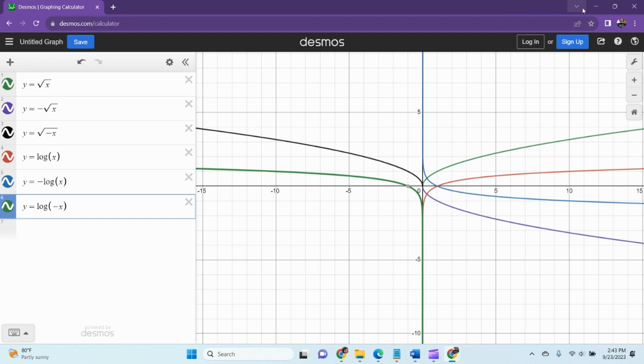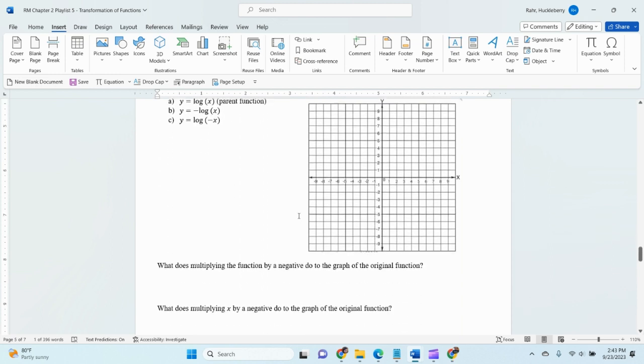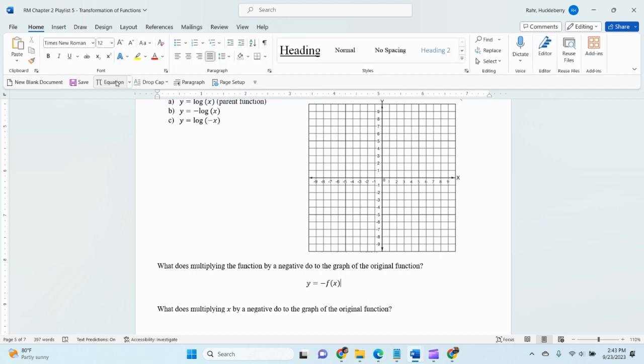If we come back over here, it asks, what does multiplying a function by itself? So this is asking about y equals negative f of x. What does multiplying a function by a negative do to the graph?